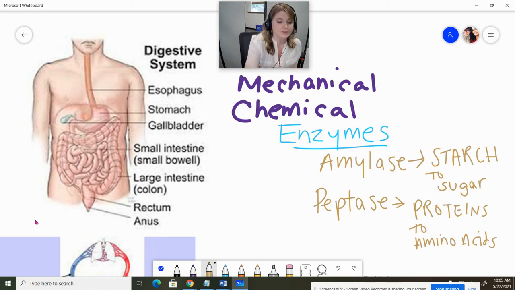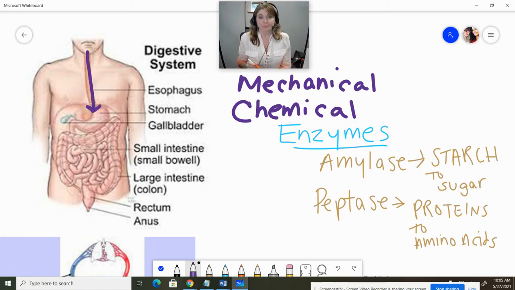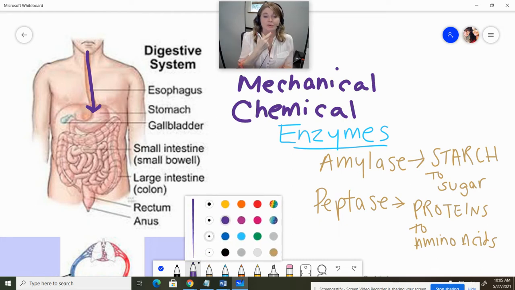Then it travels down your esophagus to your stomach. What happens is this process occurs within the esophagus, where the muscles in your esophagus contract in a wave-type motion. They squeeze, progressively going further and further down.